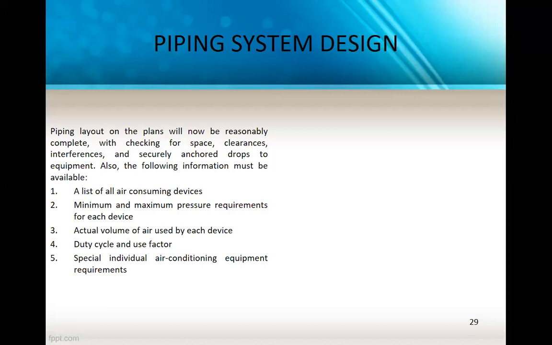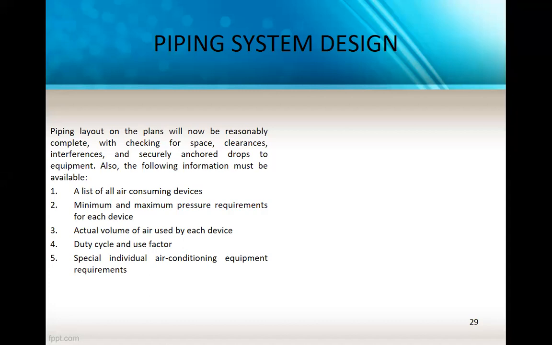Piping system design. So piping layout on the plants will now be reasonably complete with checking for space, clearances, interference, insecure anchored drops to the equipment. Also, the following information must be available. 1. A list of all consuming devices. 2. Minimum and maximum pressure requirement for each device. 3.